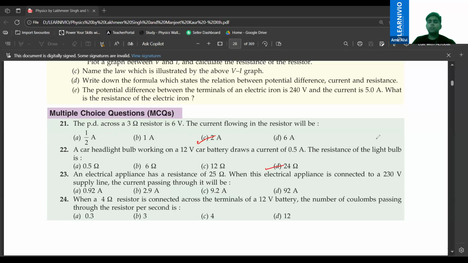For the electrical appliance, the current passing through would be 230 divided by 25, so it would be 9.2 ohm. Next, when a potential difference is applied across a 4 ohm resistor, you find the charge passing through it. Three.